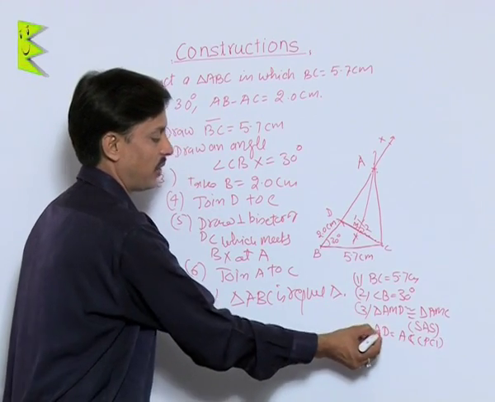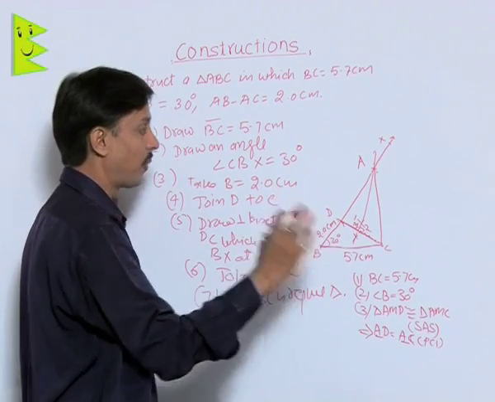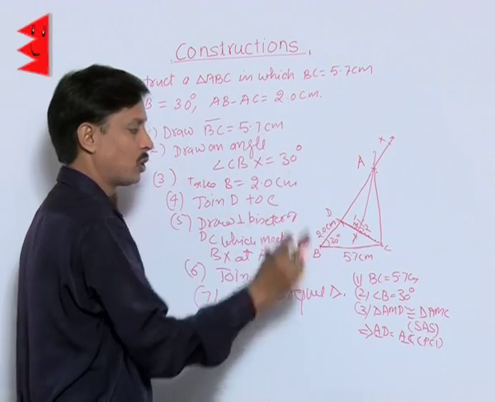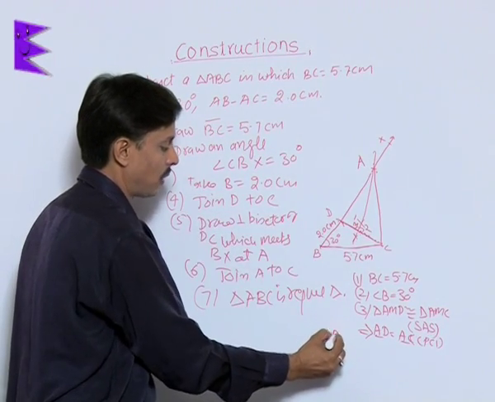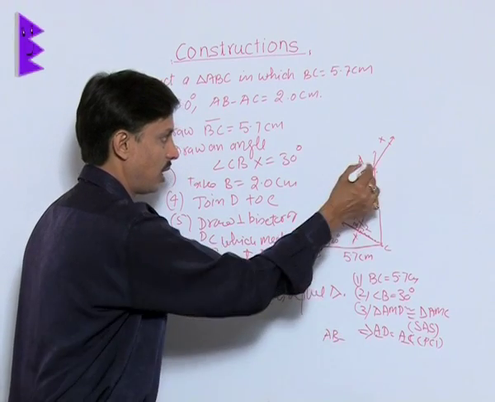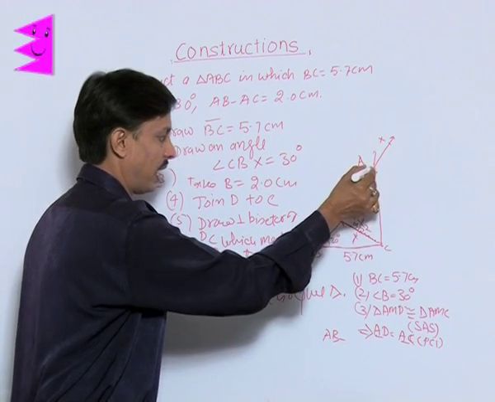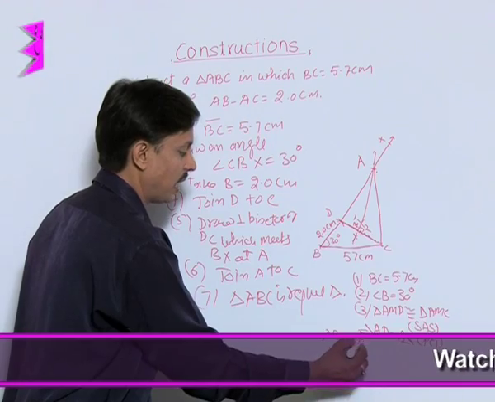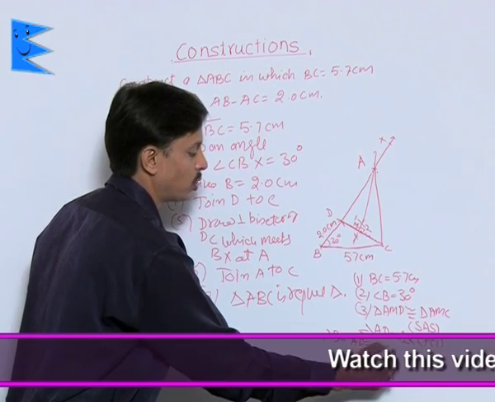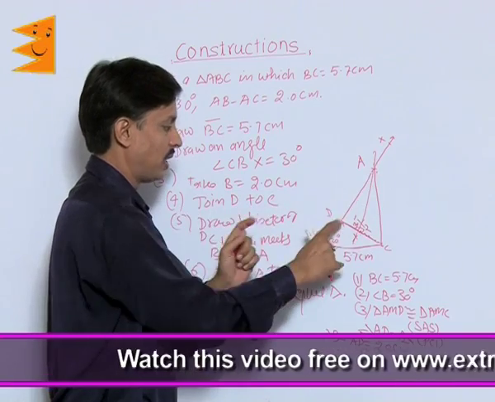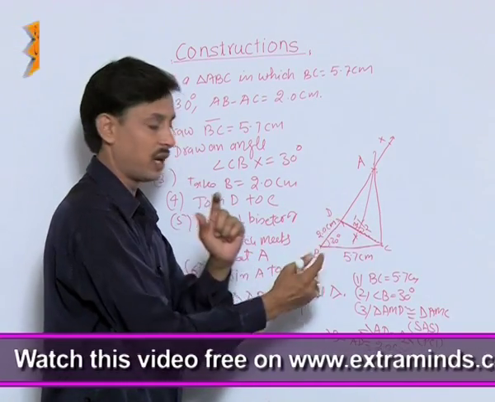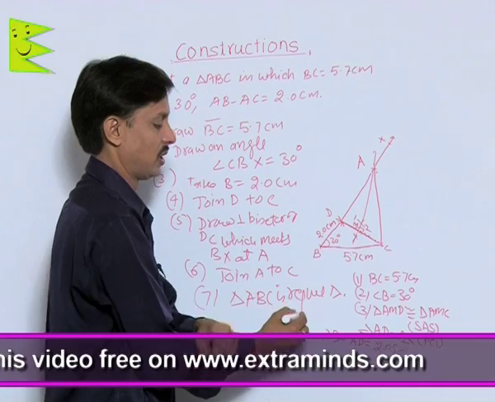The question is that AD is equal to AC, but the difference of AB and AC must be 2 centimeter. Here you can observe the difference of AB and AD is 2 centimeter, because if you subtract AD from AB, the remaining part BD is taken as 2 centimeter.